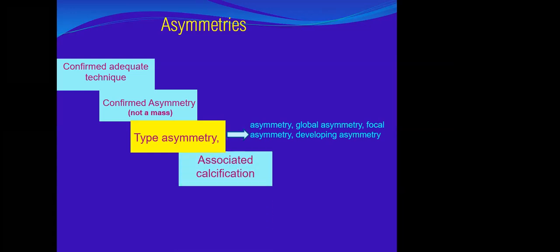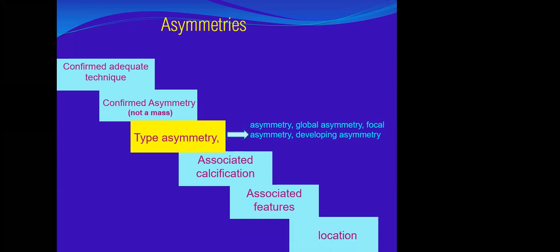Is it pure asymmetry, not associated with other findings, or associated with calcifications, or other features, underlying masses, architectural distortions, or skin changes, nipple retraction, or axillary lymph node, or any other associated features? And then we have to localize that asymmetry as we described before by the descriptor of localizations.